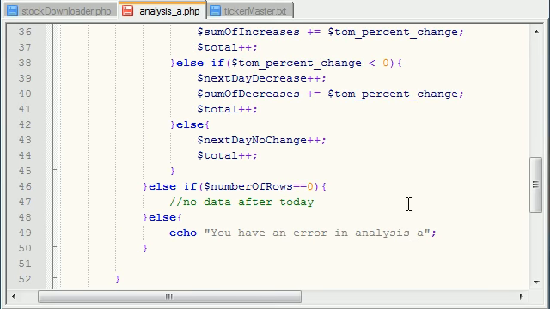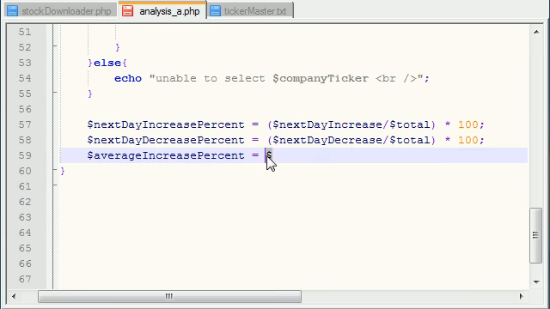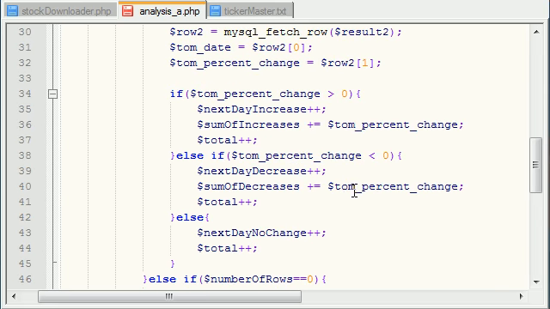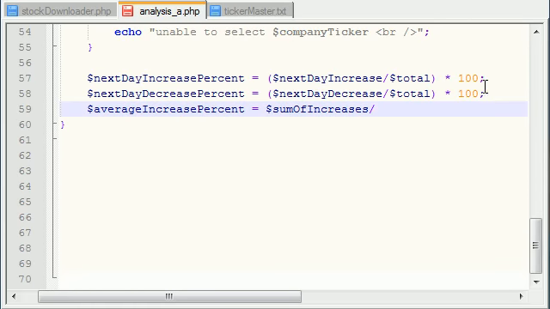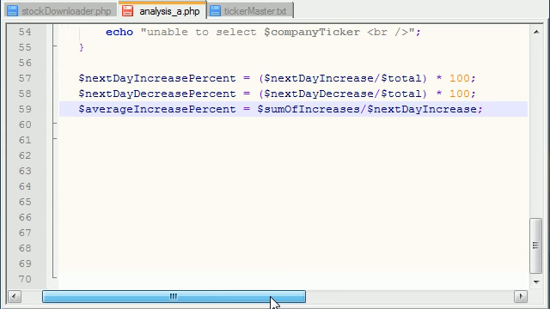Remember up here I said I'm going to keep track of the total of all of the increases, and that's why, because I wanted to use that later, over next day increases. We don't want to put this over all of the days. We only want the sum of all the times it went up over the total number of days it went up. We don't want it over all of the days because our data would be skewed. So we actually want to take that plus plus out of there because that doesn't make sense whatsoever.